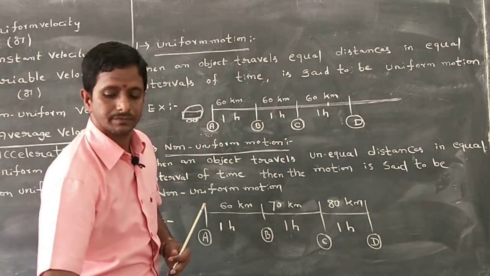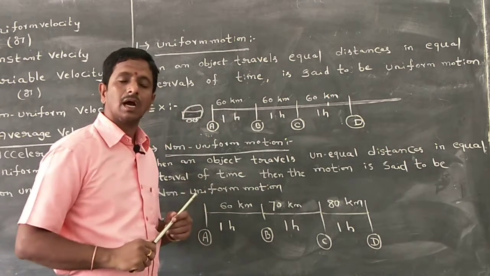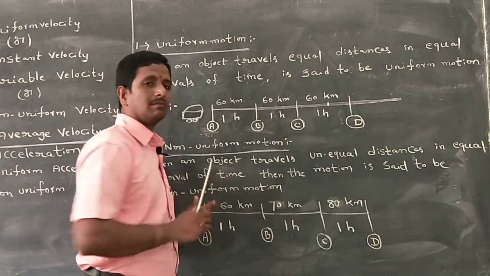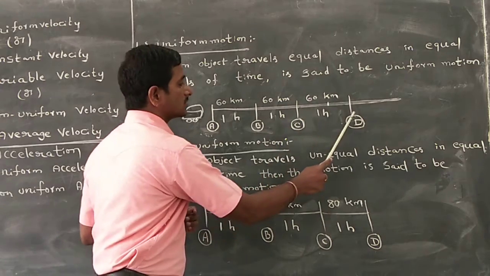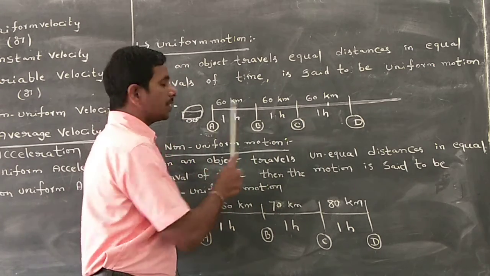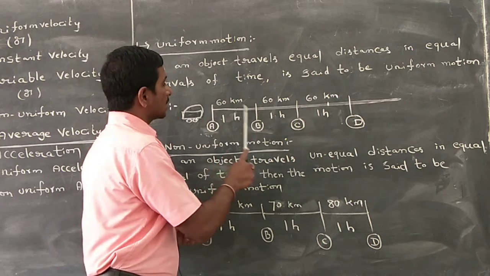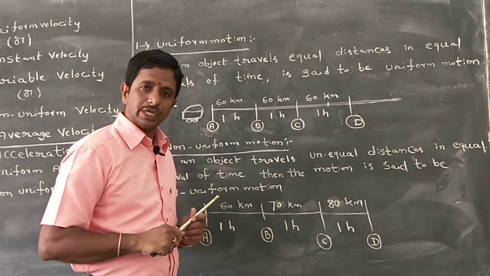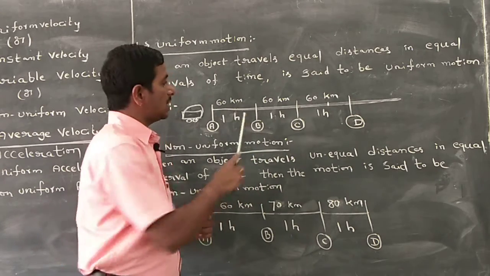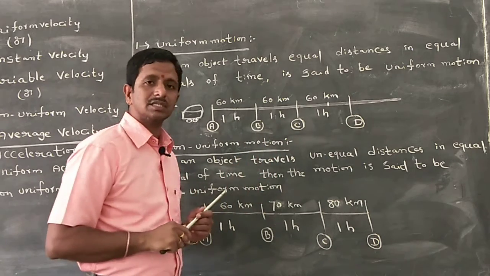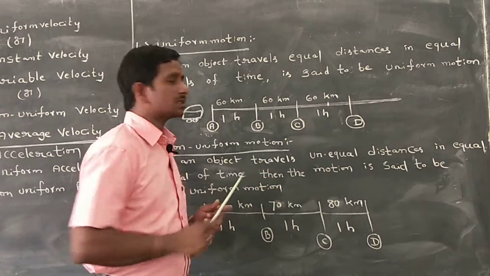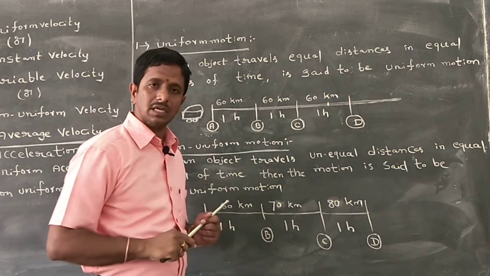The car started at A, after some time covered B, after some time covered C, and now its position is at D. From A to B it travels a distance of 60 kilometers. From B to C it travels 60 kilometers. From C to D it travels 60 kilometers.